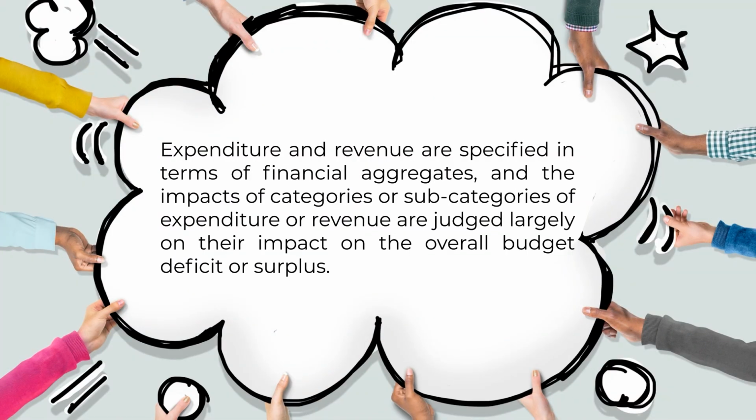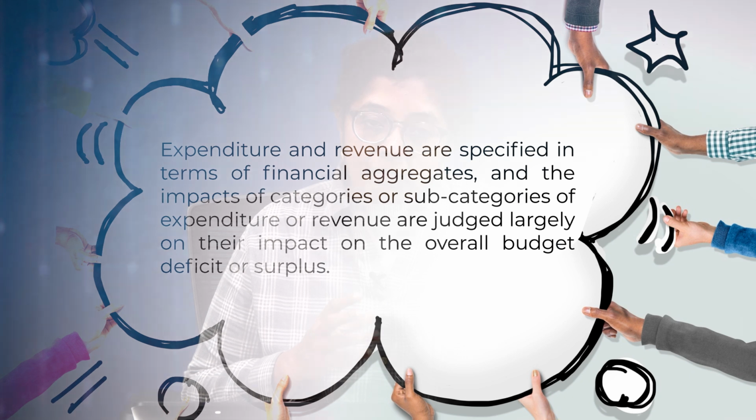Thus, expenditure and revenue are specified in terms of financial aggregates, and the impacts of categories or subcategories of expenditure or revenue are judged largely on their impact on the overall budget deficit or surplus. Basically, whatever allocation is made, the assumption is that it will bring positive changes in the life of each and every person in a particular country.